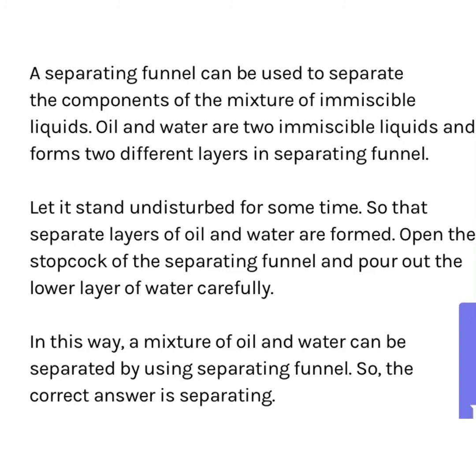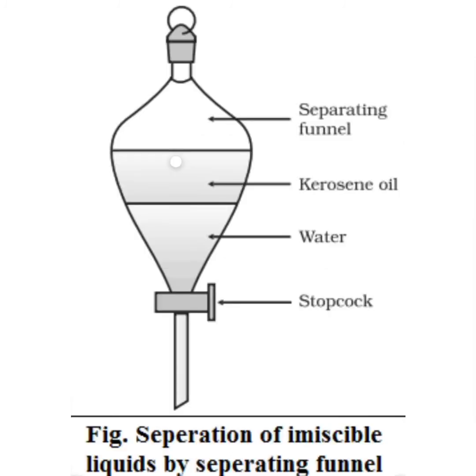So the answer to our question, how we can separate two immiscible liquids, is with the help of a separating funnel. The figure shows the separating funnel. In such a funnel, if you fill a mixture of water and oil and leave it undisturbed for some time, then as shown in the figure, water will settle down at the bottom of the funnel and kerosene or oil will form a layer over the layer of water.